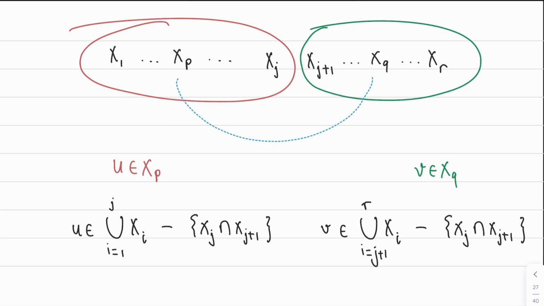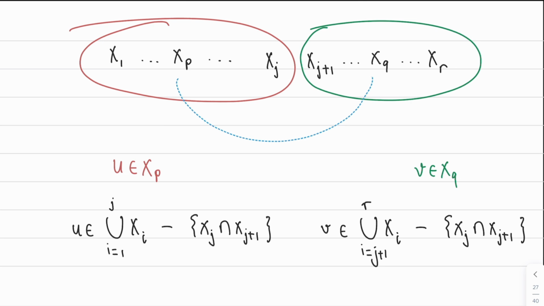Again, by definition, we are assuming that v is in B minus A, and B was basically the union of all the bags from X_{j+1} to X_r. So v must belong to one of these bags, and u must belong to one of those bags.